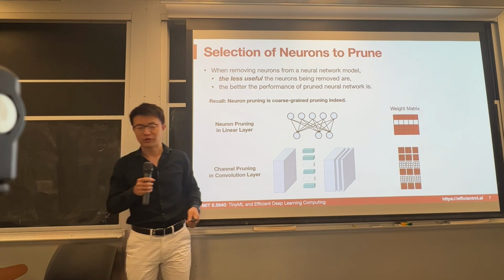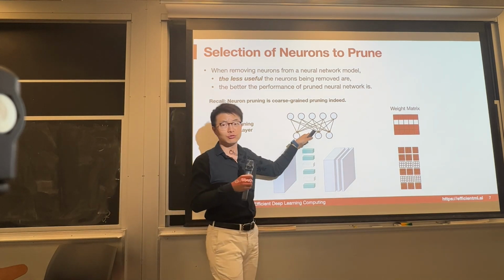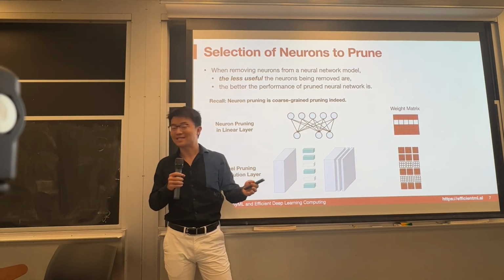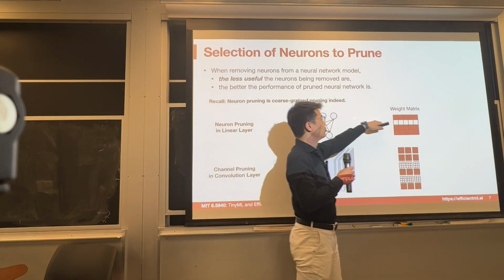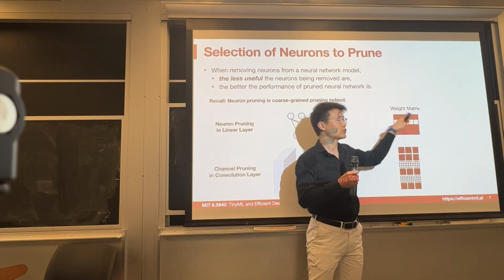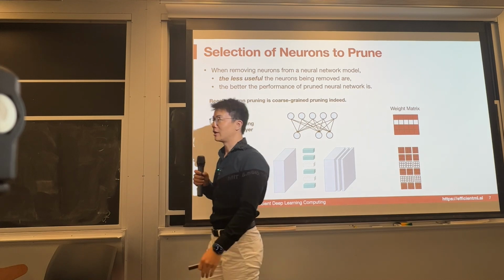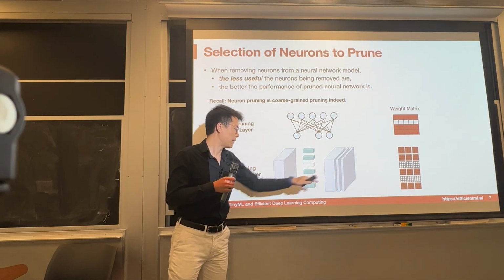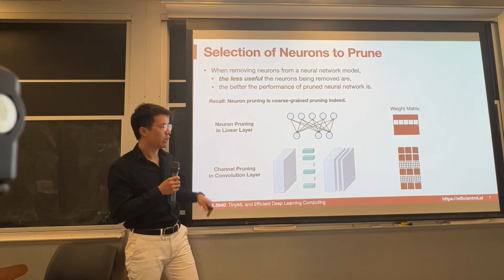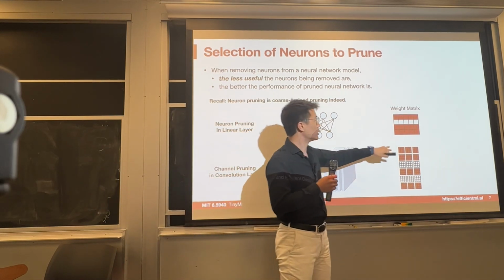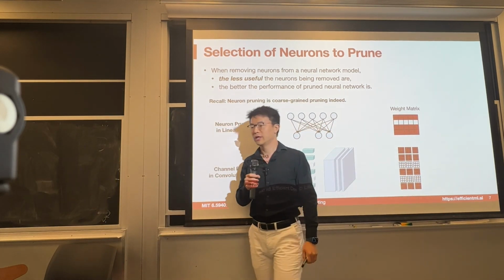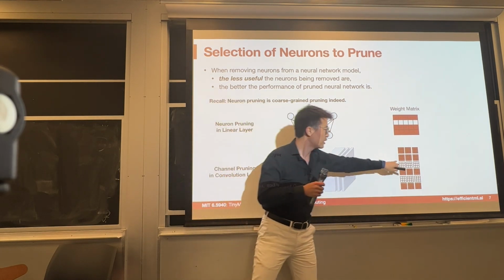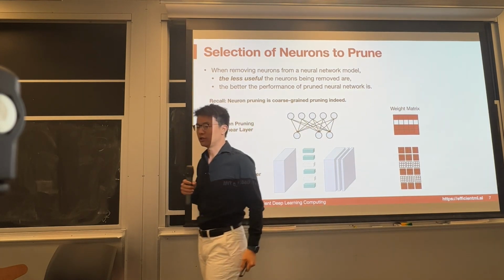Yep, very good. If you remove the neuron, all the weights connected to this neuron will be removed. Basically, in the weight matrix, you remove the entire row. Versus for convolution, if you remove one of the channels, the filter, you are removing this row and this row of the entire kernels. Okay.